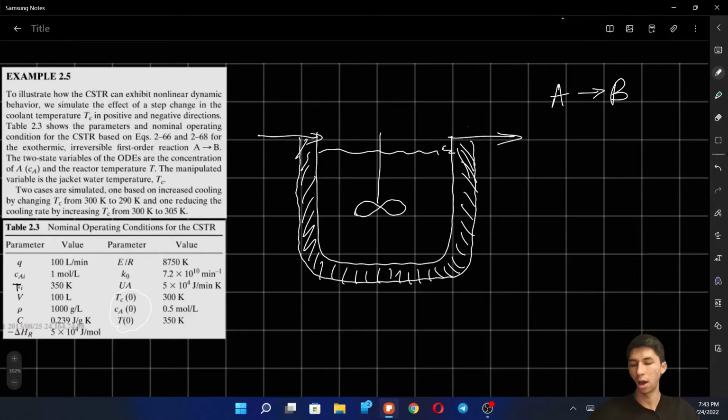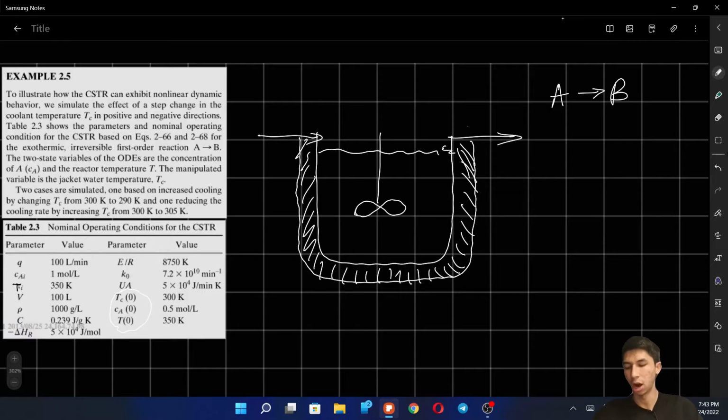Then we have our rho, which is going to be the density of the product inside. We have our C with the unit joules over grams times kilogram times Kelvin, which is going to be our heat capacity.